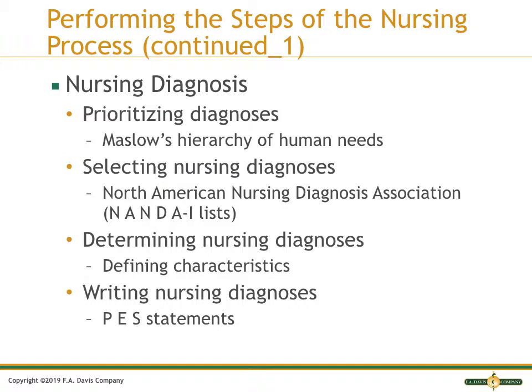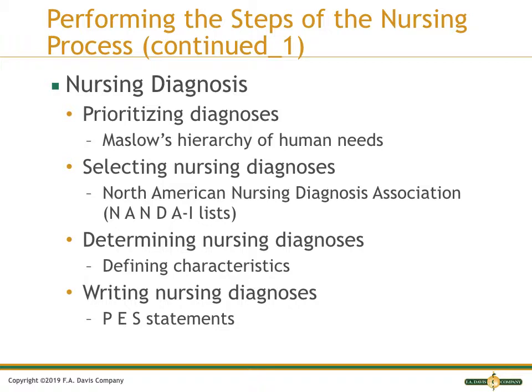Remember, it's problem, etiology, signs and symptoms. So the problem is the nursing diagnosis. The etiology is the causative factor, which would be the COPD. And then the signs and symptoms are what is showing you that this is the problem. What is the patient exhibiting to show you that this is the problem?